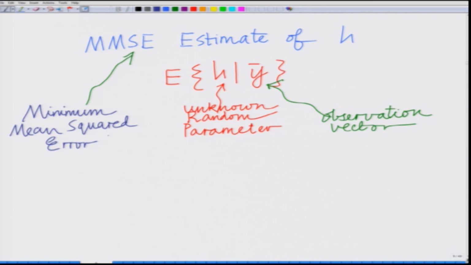MMSE stands for the minimum mean squared error, and this is an important aspect of the estimation. Let us now illustrate how to compute this MMSE estimate for a Gaussian scenario.